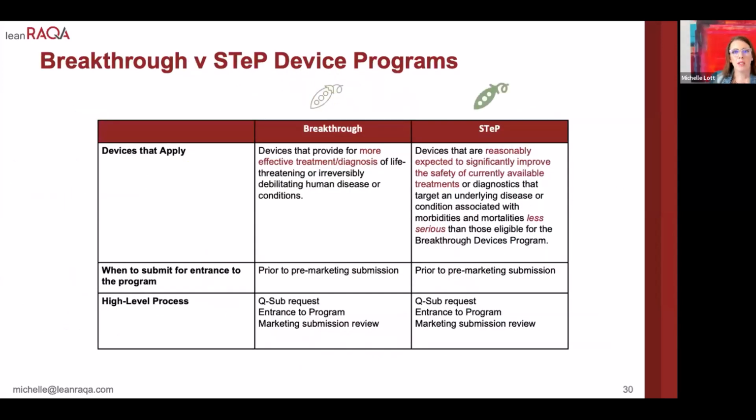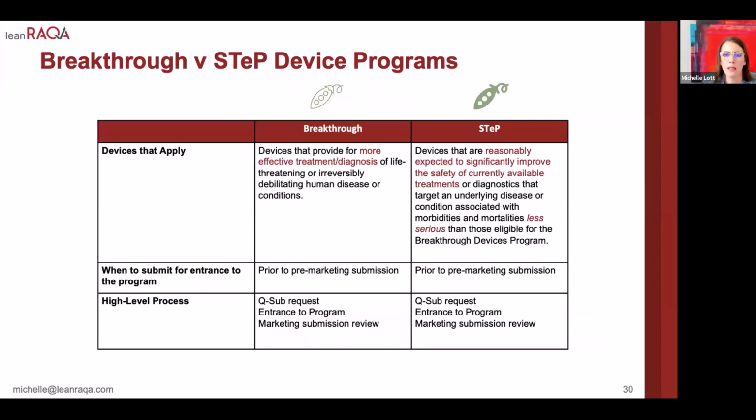Other types of pre-submissions that are really important for either novel or safer or more effective technologies are the breakthrough or the safer technologies or STEP programs. These are also no-cost pre-submissions where you make a case for your product that it meets certain criteria for either breakthrough or STEP.